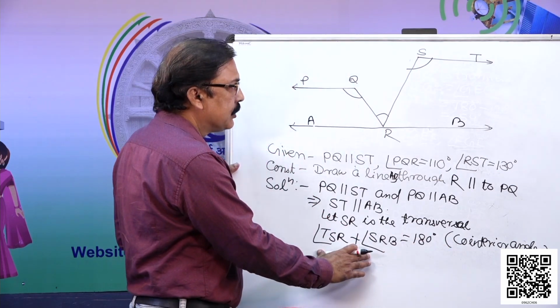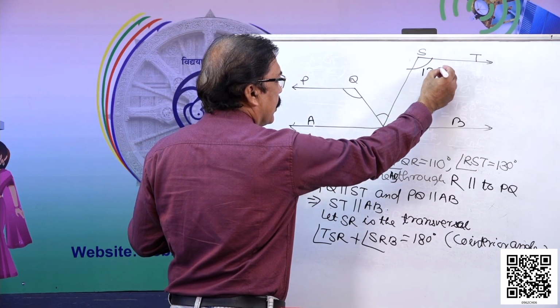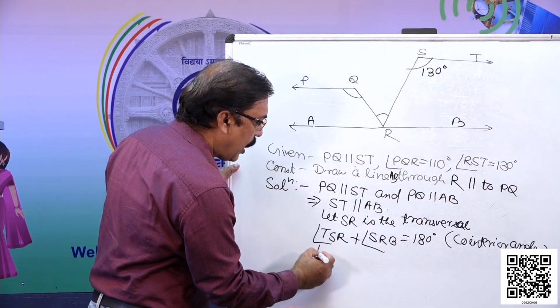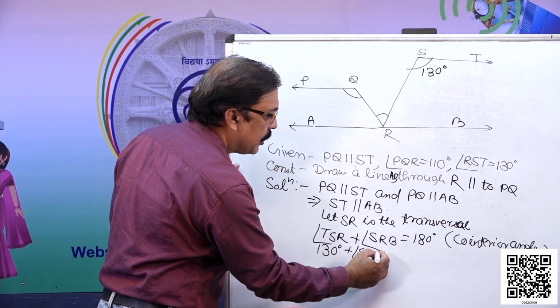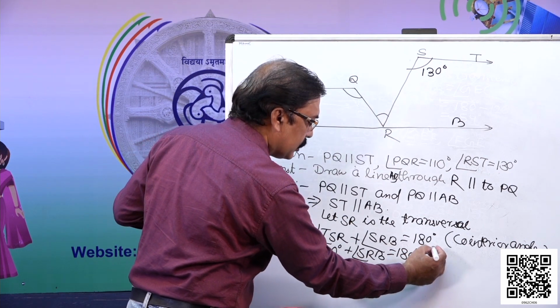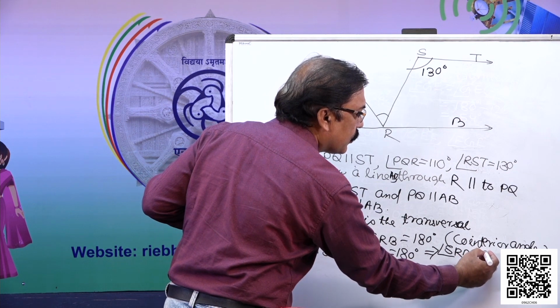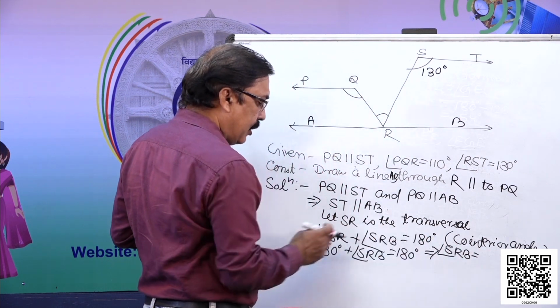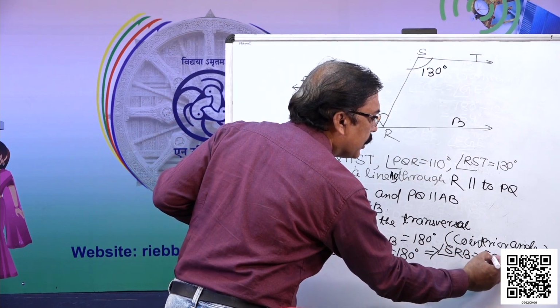Out of this, we have given TSR to be 130 degree. So 130 degree plus angle SRB is equal to 180 degree. That shows angle SRB is equal to 180 minus 130, that is 50 degree.